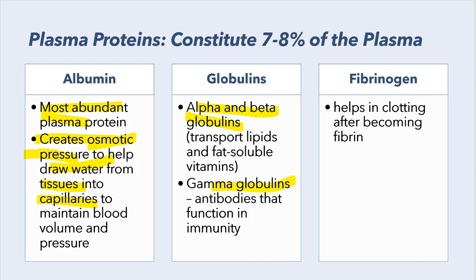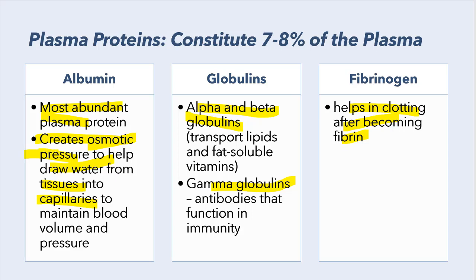So these are specifically secreted or made by B cells and participate in protection. The last plasma protein that I want to mention is fibrinogen. It's also a large protein, and this one plays an important role in blood clotting and preventing additional or excessive blood loss.